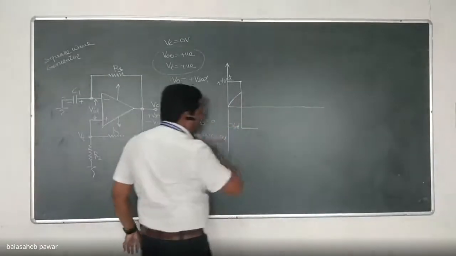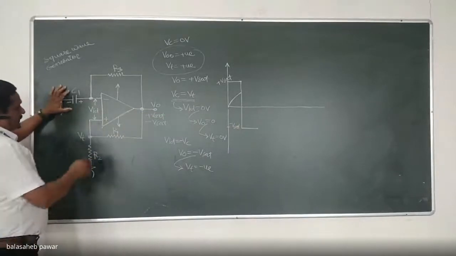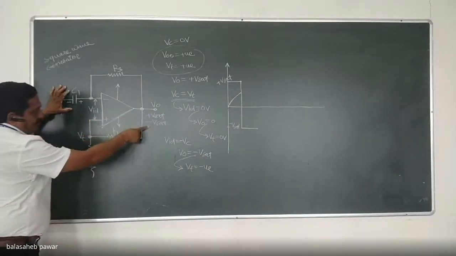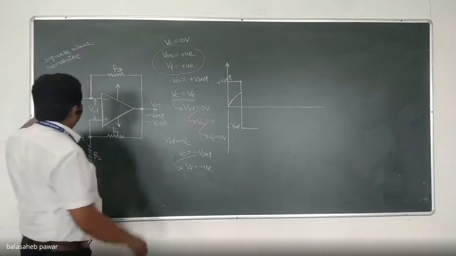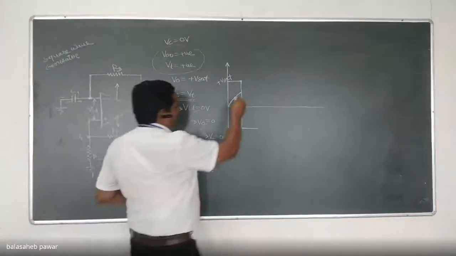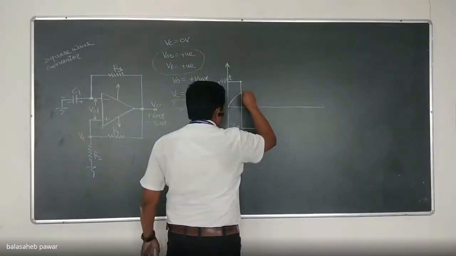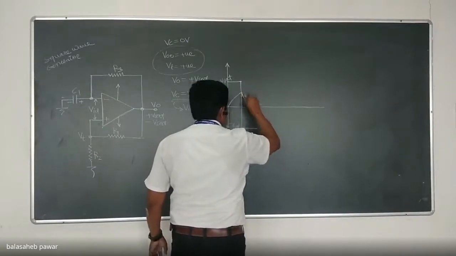Up to how much time period the output will remain minus VSAT, that we will discuss. When the output is forced to minus VSAT, this capacitor C1 will start to discharge through resistor R3 towards the output. That means the discharging of the capacitor will start somewhat like this.